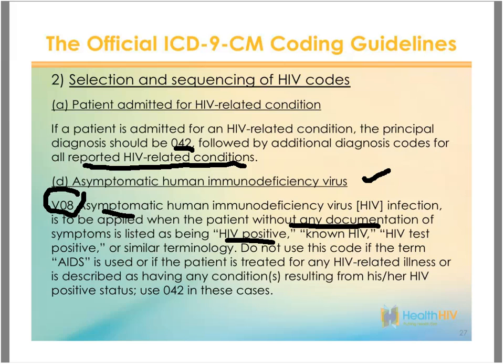On the flip side, if a patient presents and they're being evaluated and treated for diabetes, hypertension, or some other chronic condition, or some other acute problem, and the doctor also addresses their HIV condition, but that's not the reason for the encounter, then the diagnosis that reflects the reason for the encounter, diabetes, hypertension, asthma, or whatever the case may be, would be the principal diagnosis, and the AIDS condition code would be the secondary diagnosis.